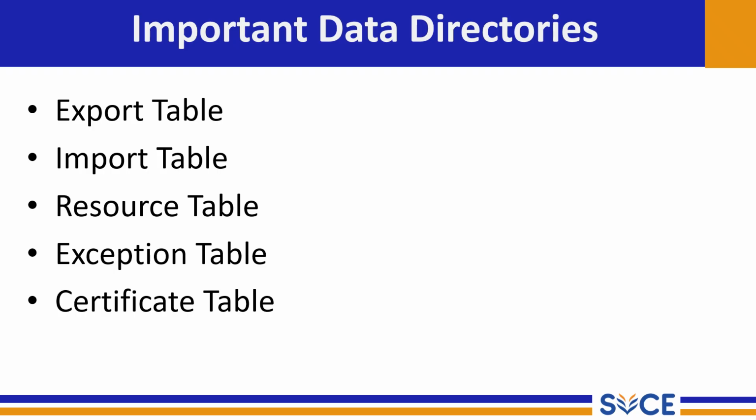Apart from these, among the data directories we also have the base relocation table, debug information, architecture, global pointer, thread local storage, load configuration, bound import, import address table, delayed import descriptor, and the CLR runtime header. We have these types of data directories also.